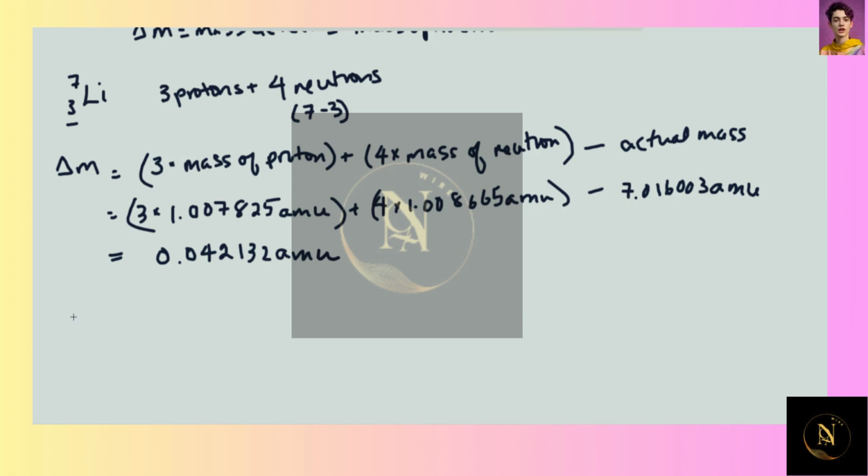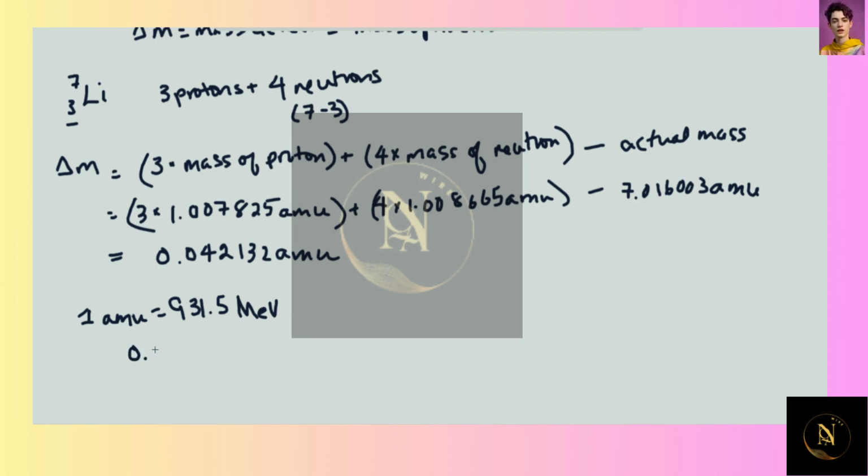Convert that to energy. A relationship that relates the change in mass to energy is that for every 1 atomic mass unit, 931.5 mega electron volts is produced.